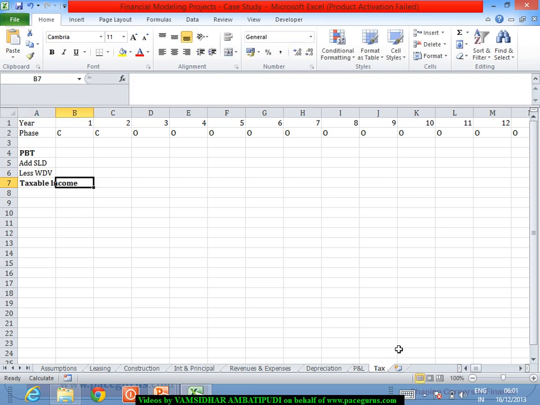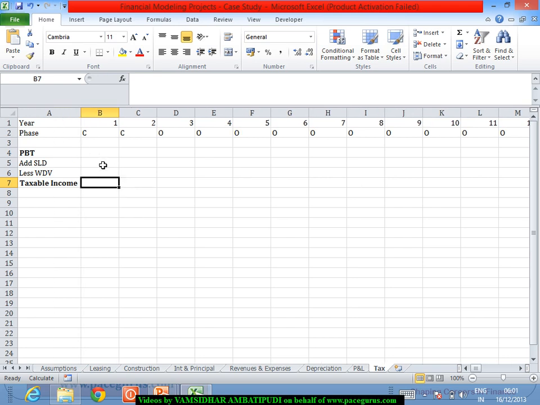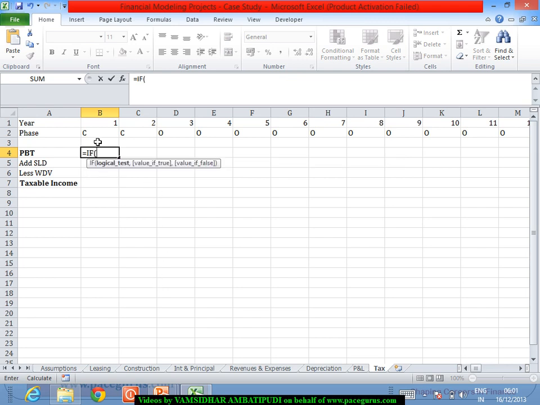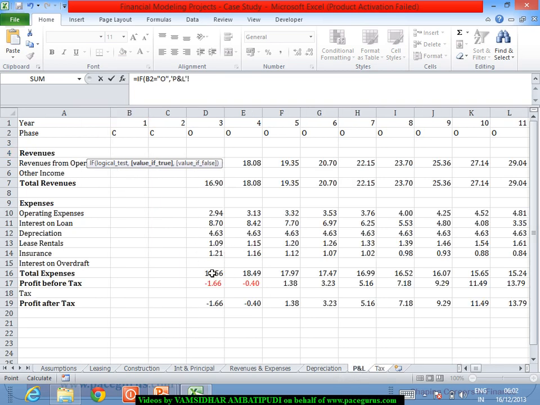Based on which we will think of computing the tax rate. Alright, so what I can simply look at again is, if this is equal to O, then I am bringing in the PBT from this particular period. Otherwise, I am leaving this as blank.